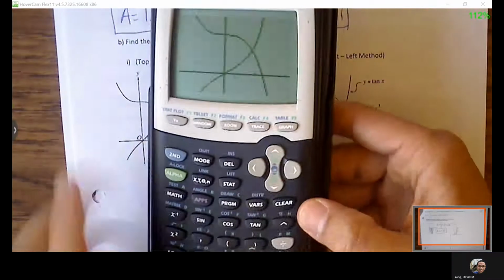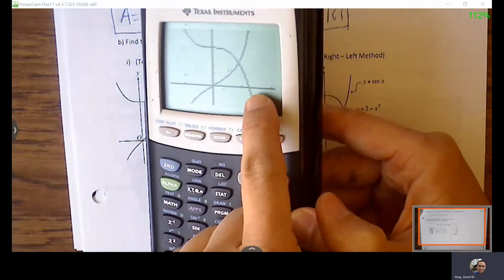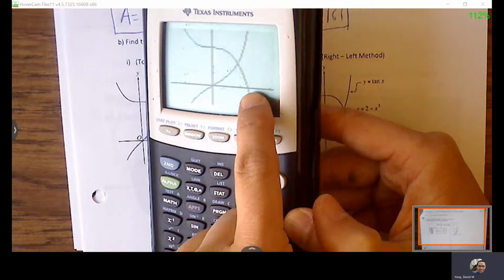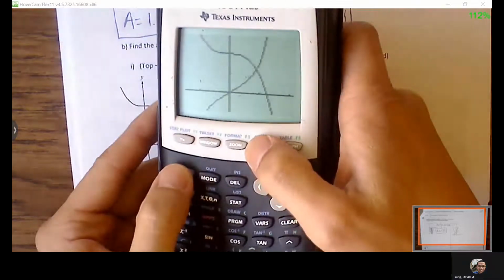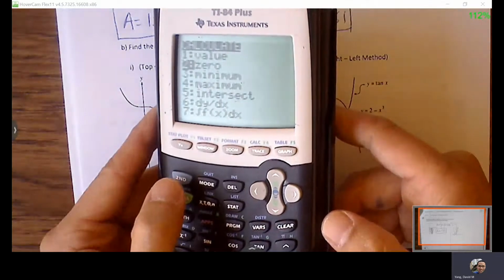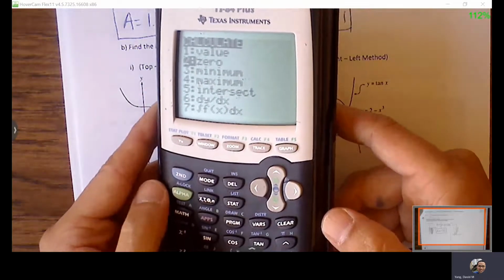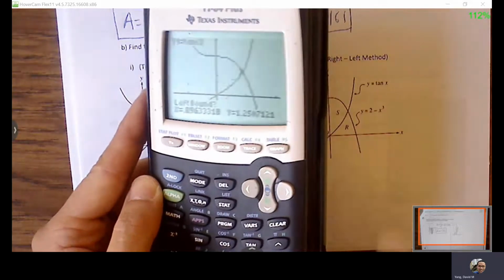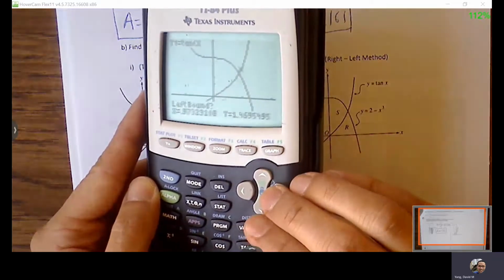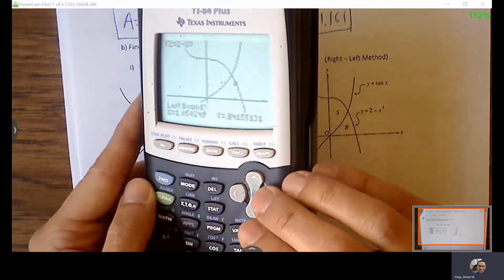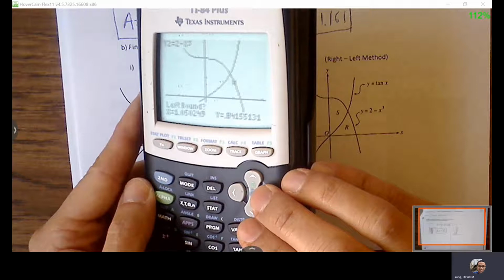So if you go back to your graph, we're going to make the calculator find that x-intercept for us. So if we do second trace, 0, second trace 0 will help you find that x-intercept. Left bound, you're just going to use your directional arrow up, and you want to make sure that you're on the curve that actually touches the x-intercept.